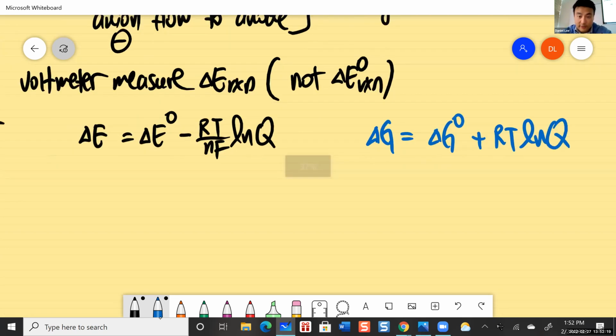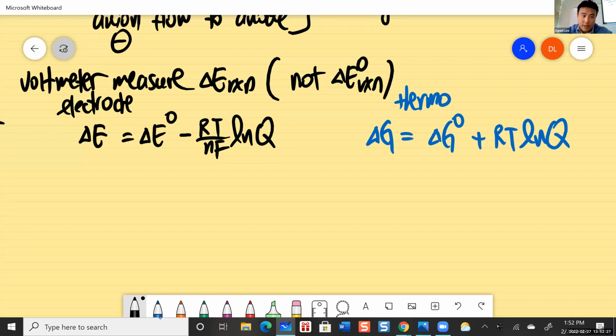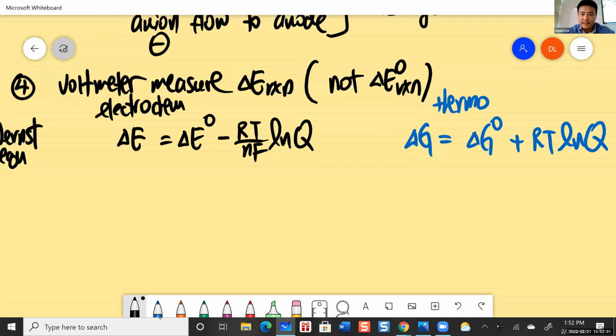One is for thermodynamics, one for electrochemistry. They are derived from each other. So first of all, we need to know that delta E is non-standard conditions and delta E naught is the standard condition. That's what that little 0 means, right?